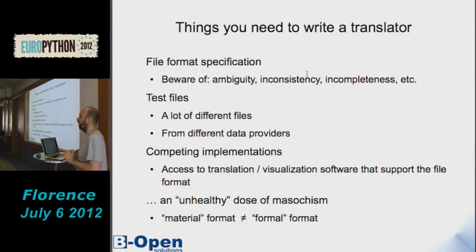And if you have access to a competing implementation of the translation, it's a good way to see if you are getting the right results out of your test files. Then you really need an unhealthy dose of masochism, because the common implementations don't support the specs exactly as they are.